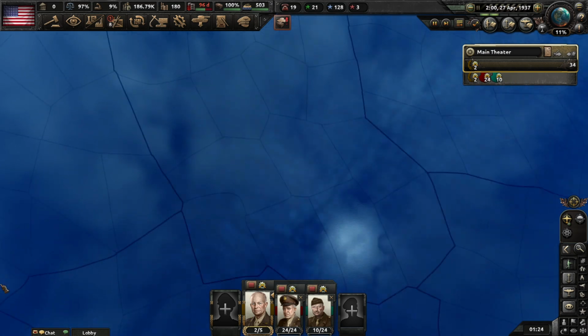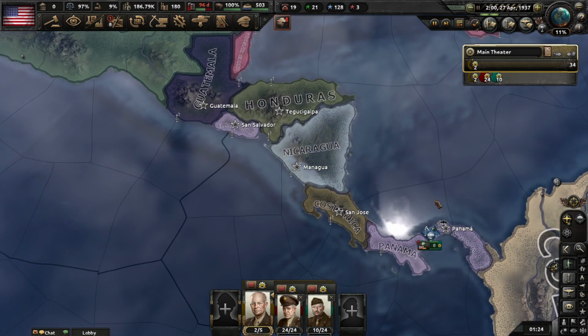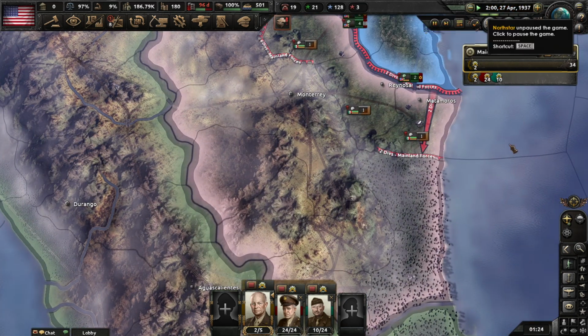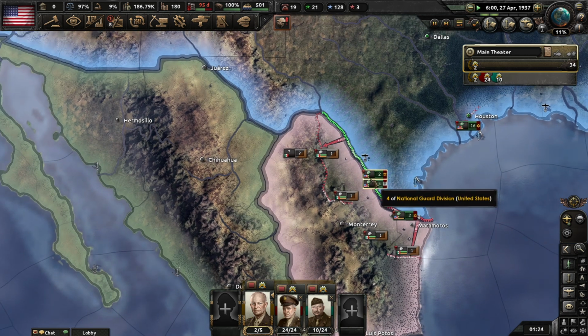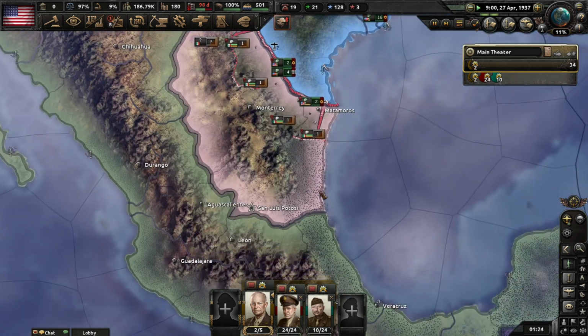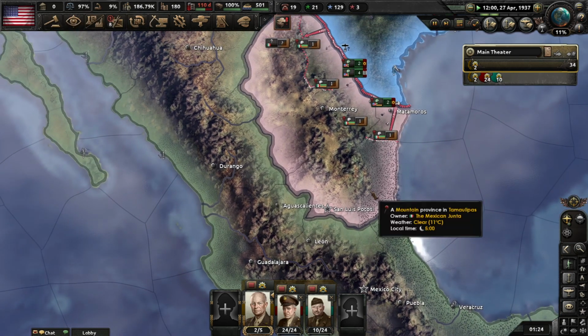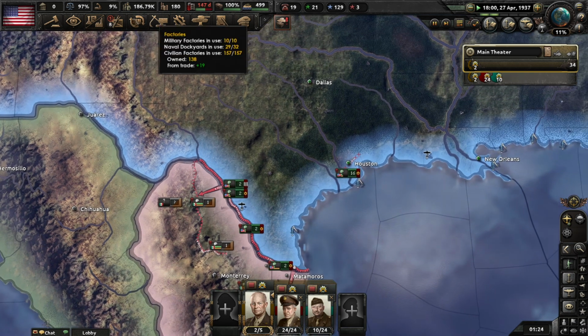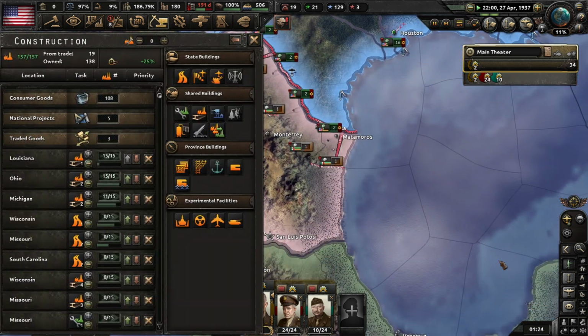But here, all your divisions are down the Yucatan Peninsula on the Guatemalan border, so you have to rush them all back north. I guess if I'd remembered that they had those two states earlier, I could have said put them in Mexico City and Durango, and they would have been in position already. But you live and you learn, right?